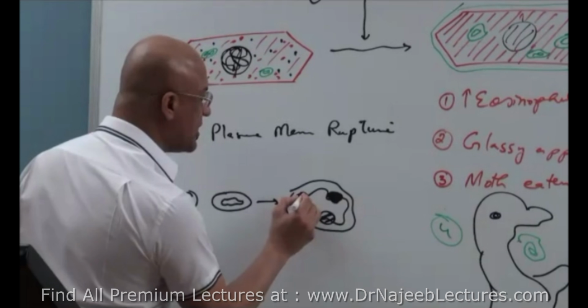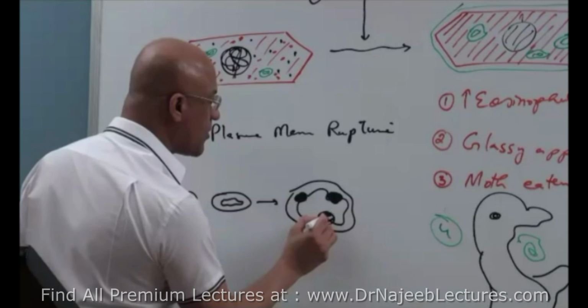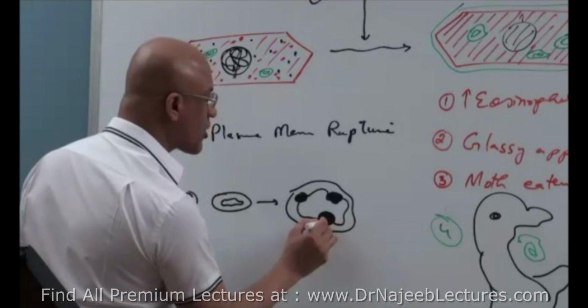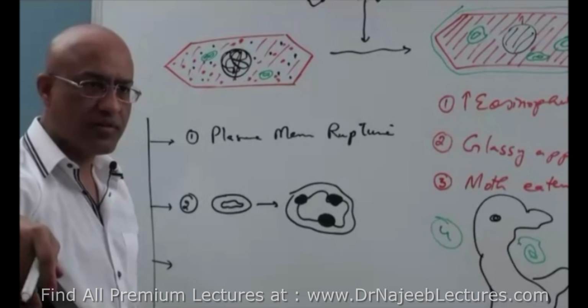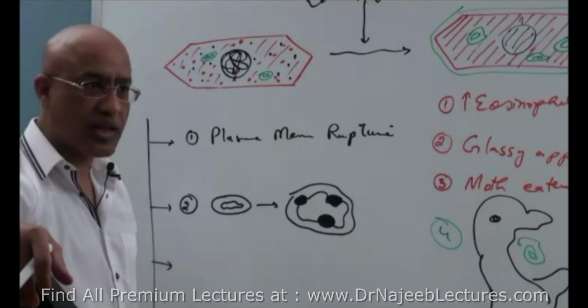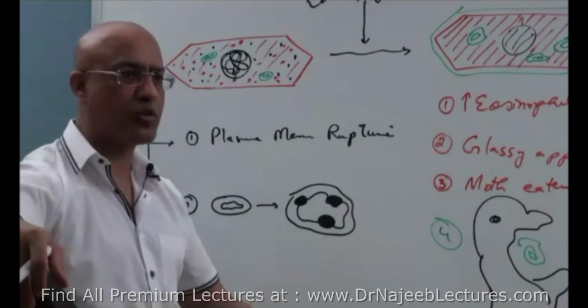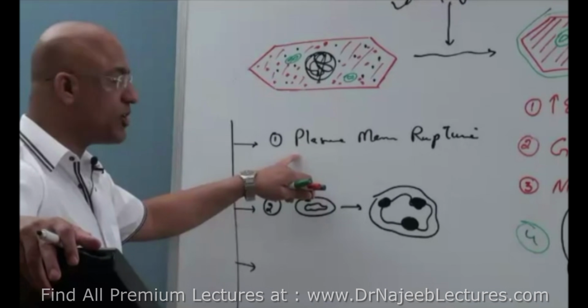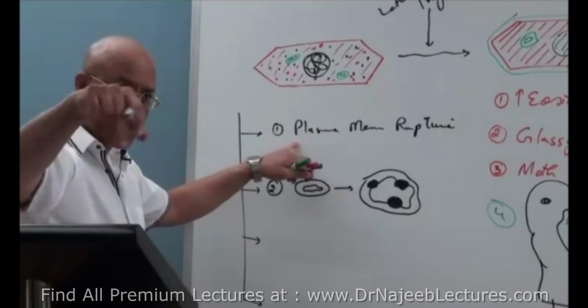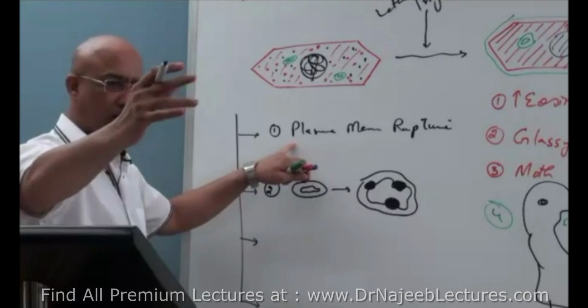Dense amorphous bodies are a feature of severe injury to mitochondria, where mitochondrial enzymes and structures clump. So what do you see under the electron microscope when cells are passing through necrotic changes? Of course, plasma membrane ruptures or discontinuities are there in the cell as well as in intracellular organelles.